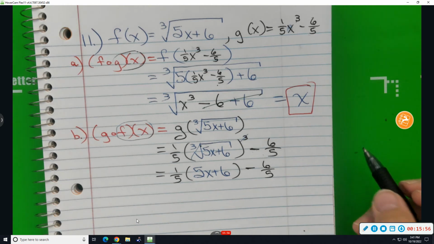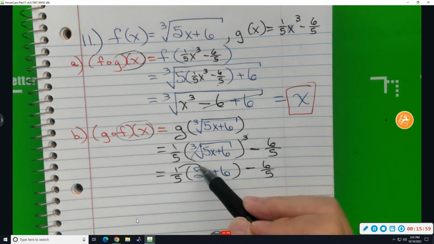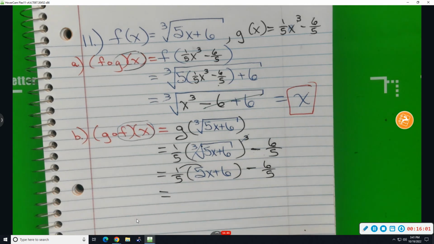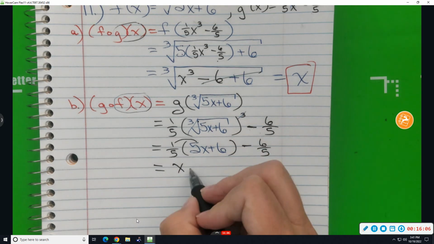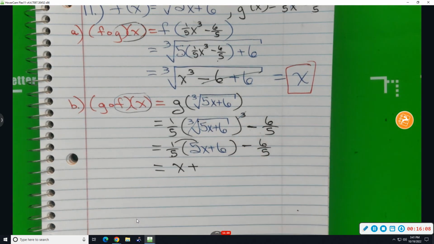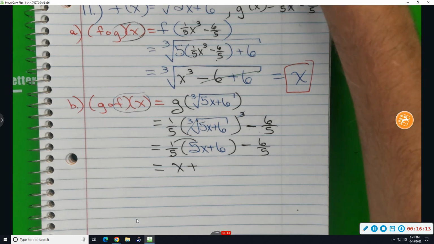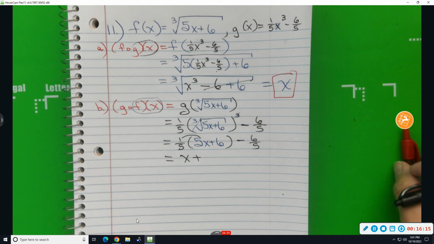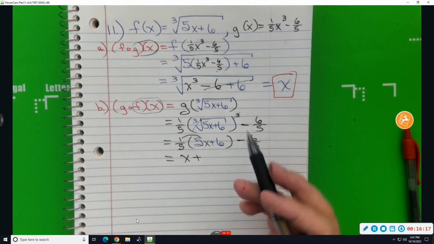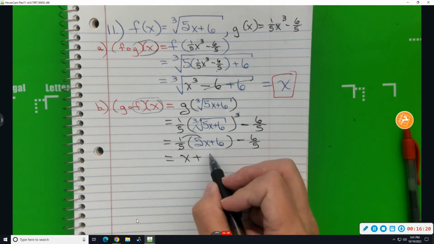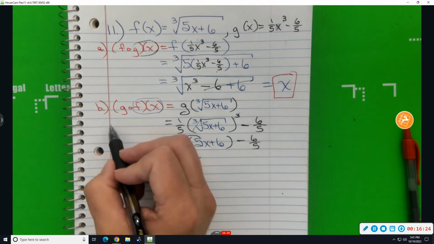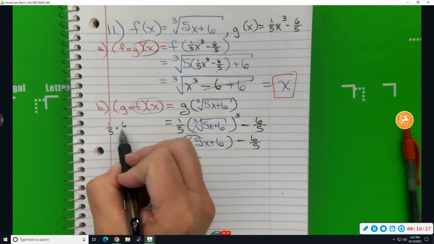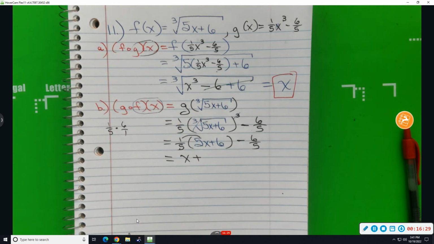Now we can distribute. 1/5 times 5x gives me just 1x, I agree, plus 1/5 times 6 gives me, 1/5 times 6. What's that going to give me?